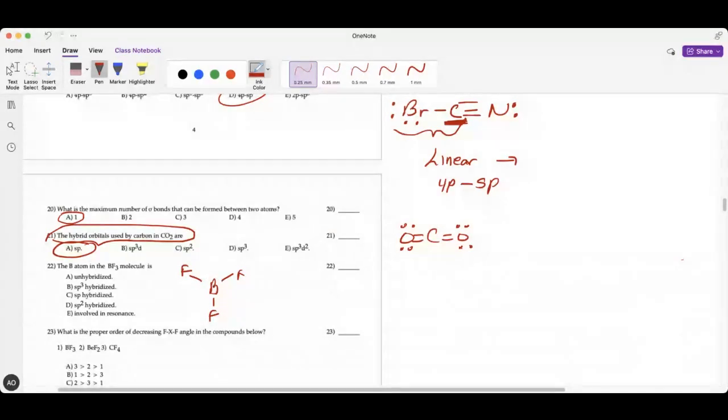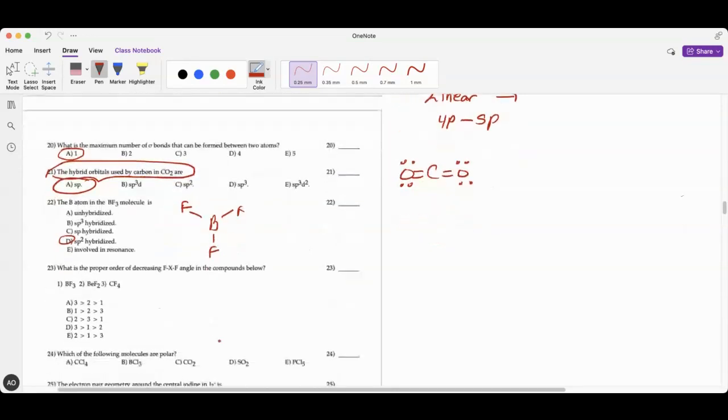Would the boron atom have unhybridized orbitals, or sp, sp2, or sp3 hybridized orbitals? Yep, sp2. The reason is this is a trigonal planar electron pair geometry, and that corresponds to sp2 hybridization. Good.